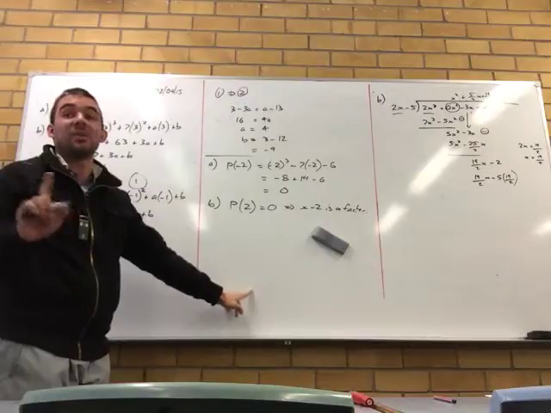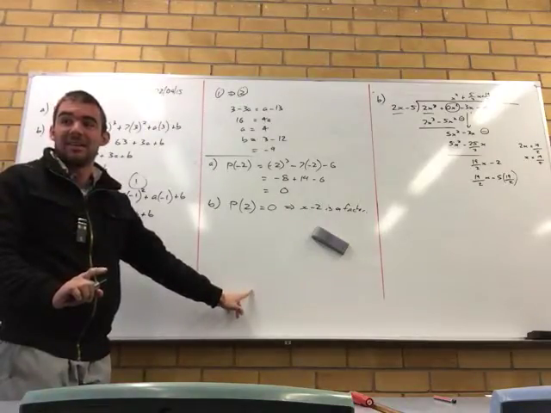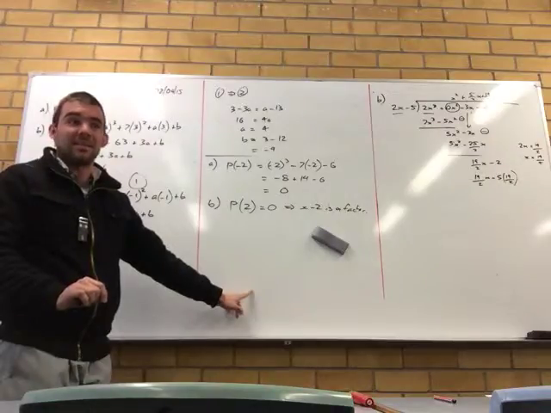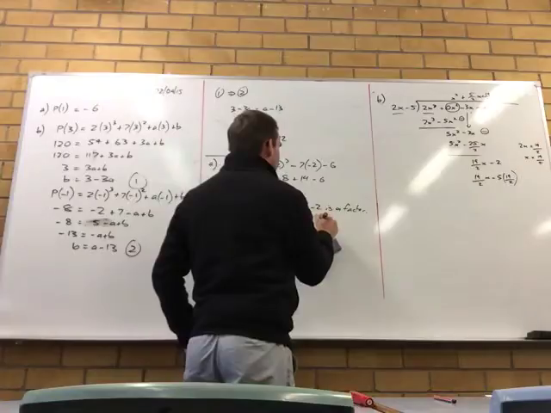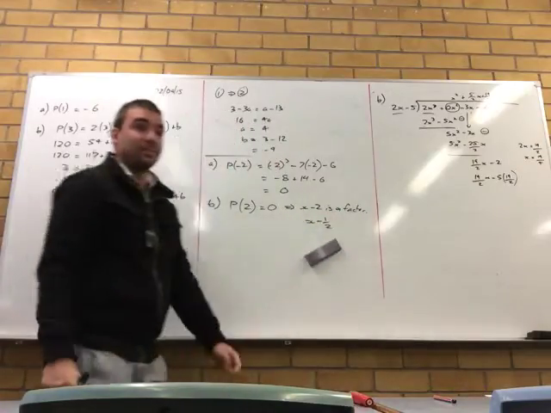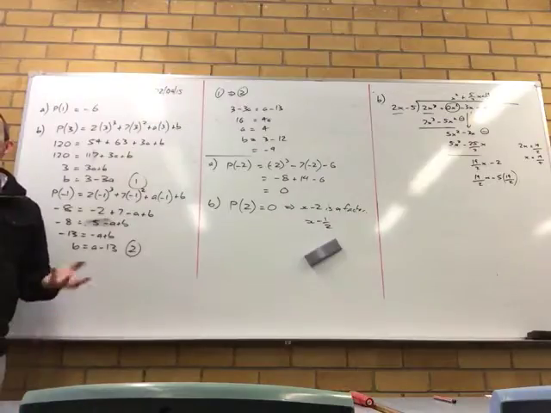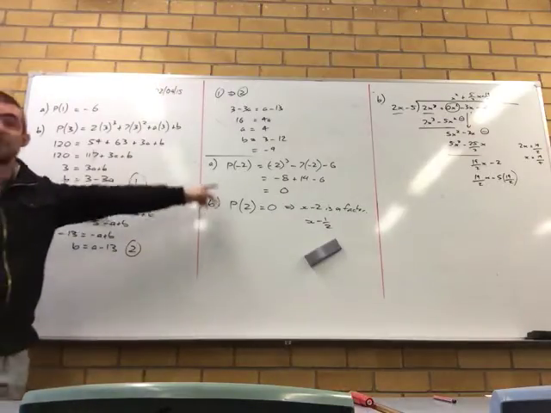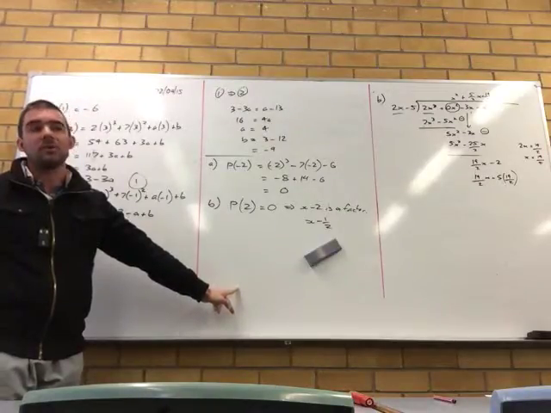Listen, that won't always work. Because if you have a non-complete factor, you might have x take away a half, for example, and that won't work in this context. So you have a choice. You can continue to find the factors of 6, plus or minus factors, or you go through long division.